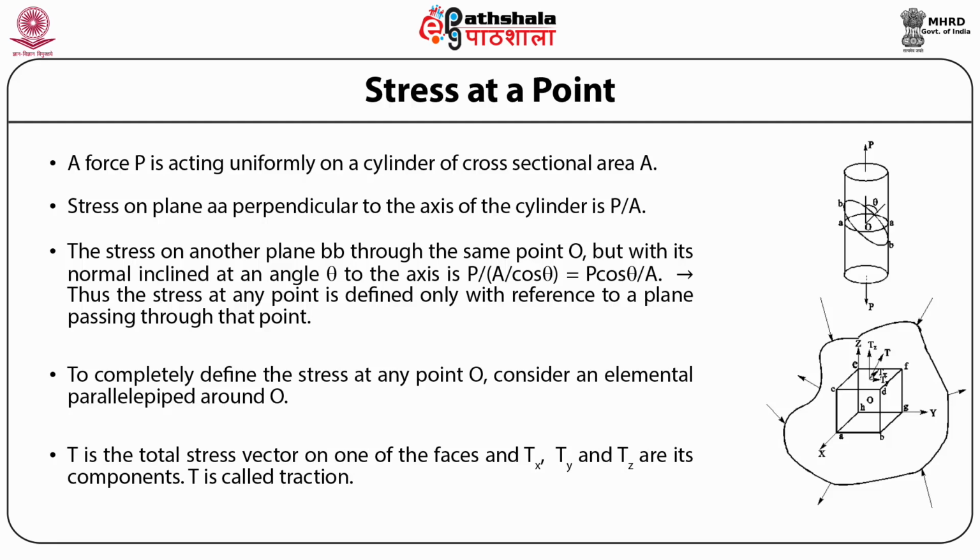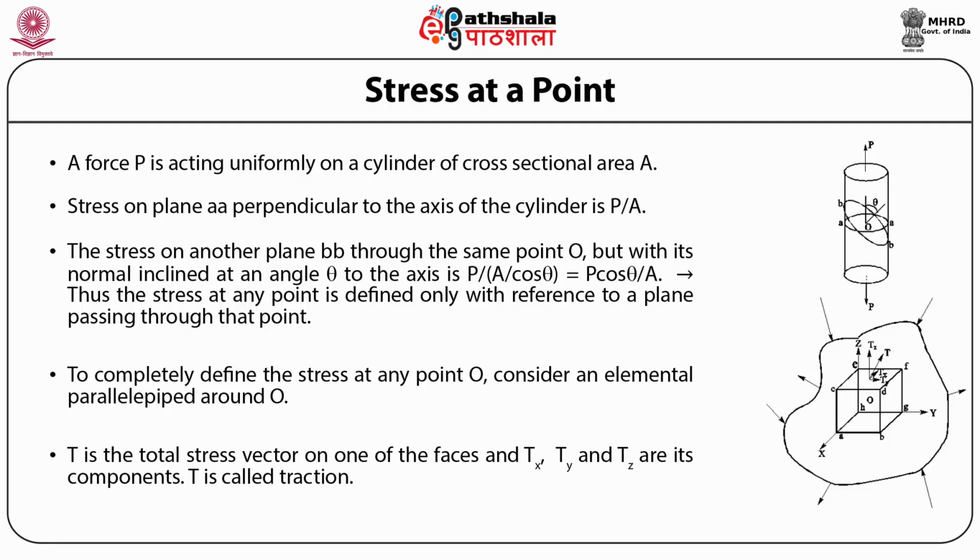The traction T on the top face of the parallelepiped has been resolved into three components: Tx, Ty and Tz. Tz is the normal stress, and Tx and Ty are the components of the shear stress on this plane. The other faces of the parallelepiped would also have three components each of the stress.